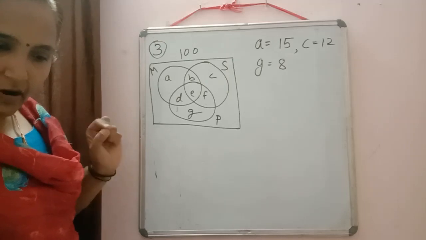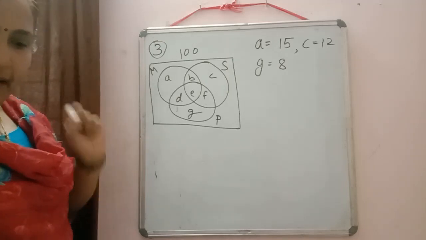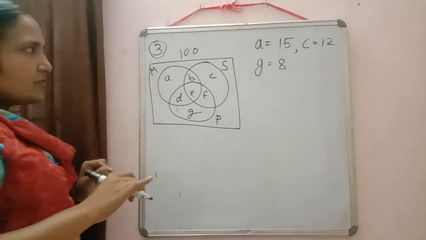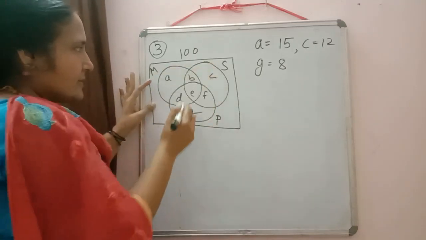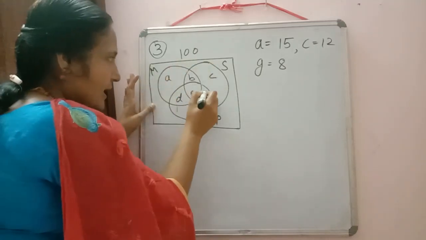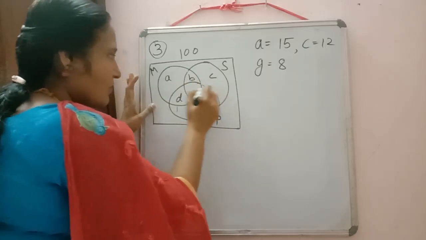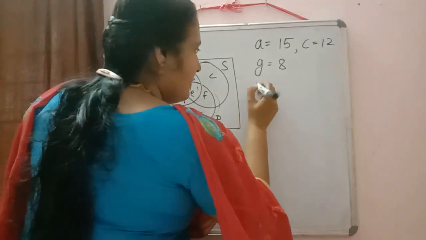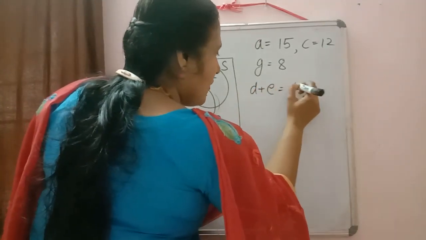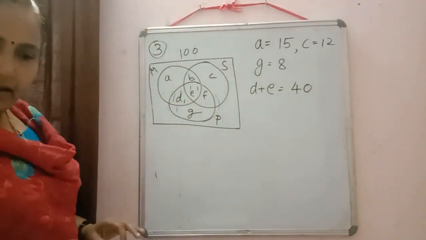Then 40 students offered physics and mathematics. So the common region is D plus E. D plus E is equal to 40, it is given.